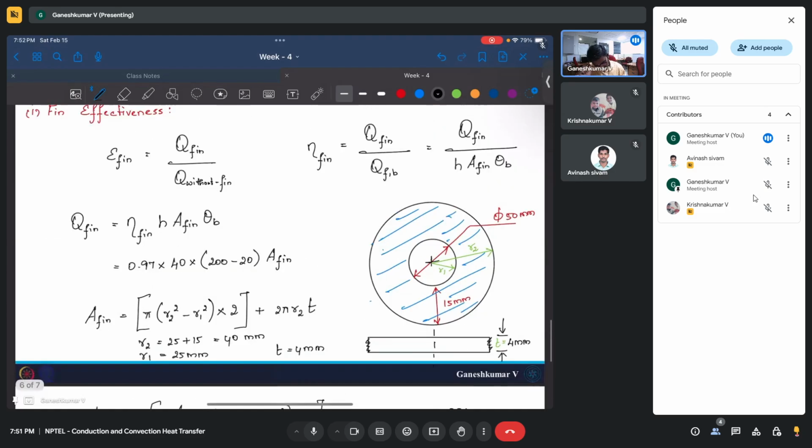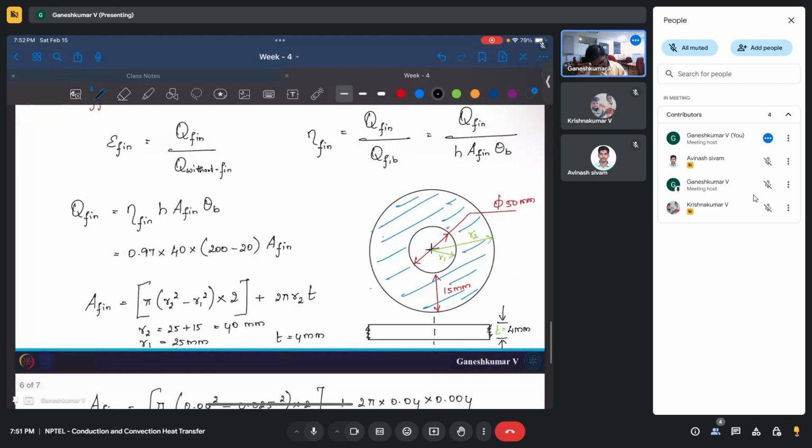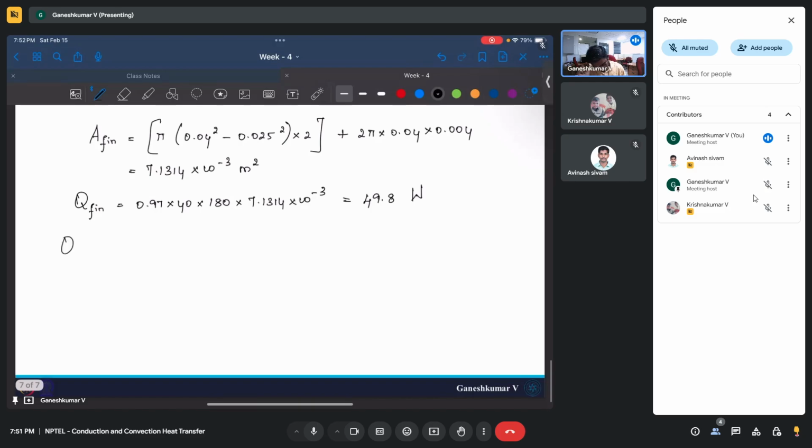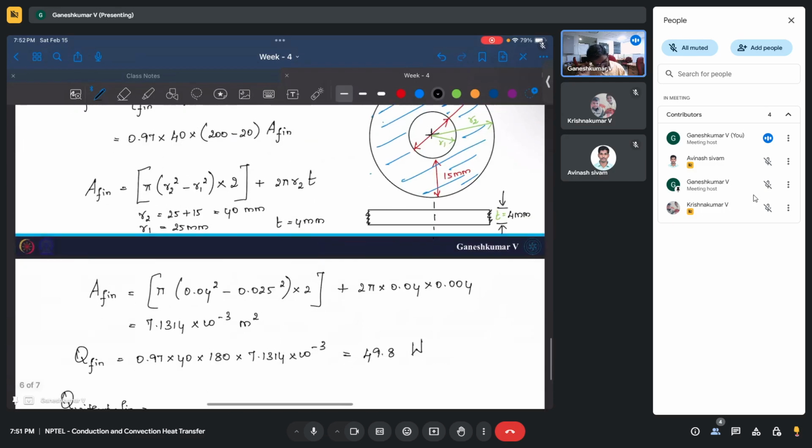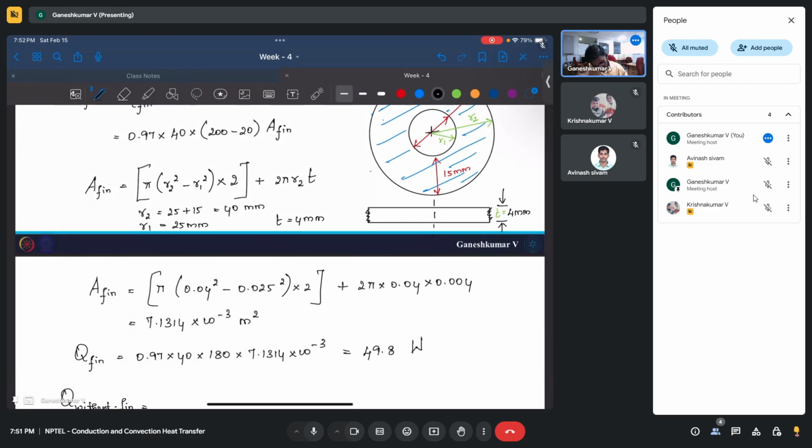Now we found Q with fin. Now Q without fin. If I do not have that fin, that is going to be easy to calculate, right? I'm going to have just a circular tube, which is of 25 mm, and the area which is covered by this 4 mm thickness is the only area available for the convection.